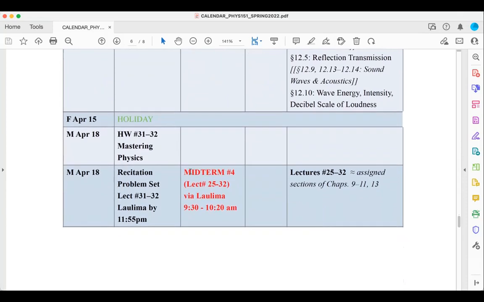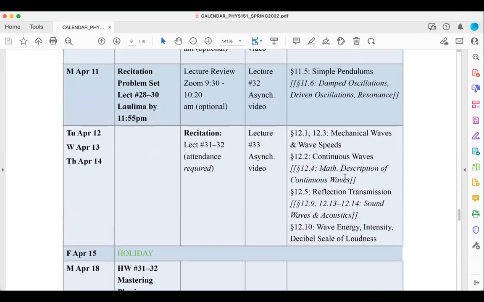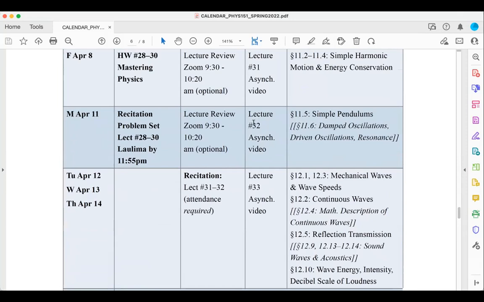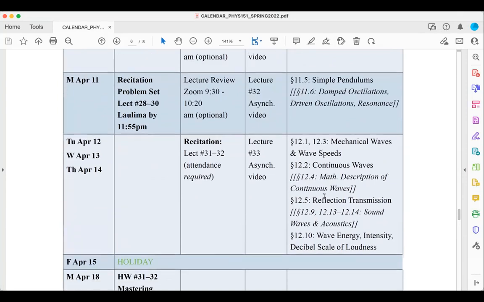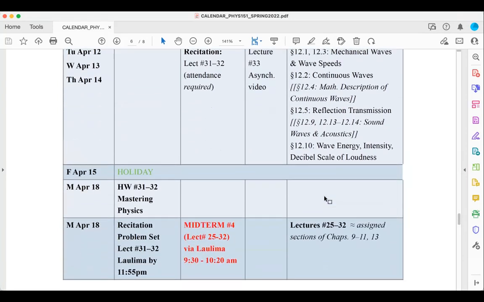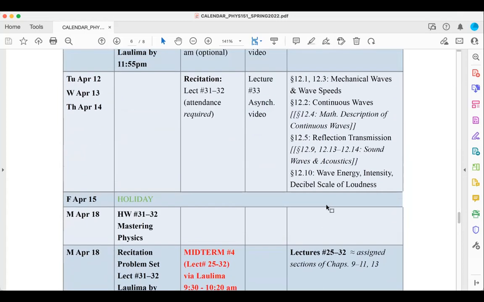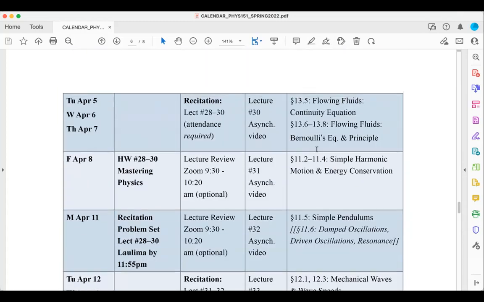Then next Monday, there's going to be the midterm. The lectures that cover the midterm are 25 to 32, so essentially until the pendulum. The things that we will see after the pendulum are not going to be part of the midterm, okay? And 25, let's see what was 25.